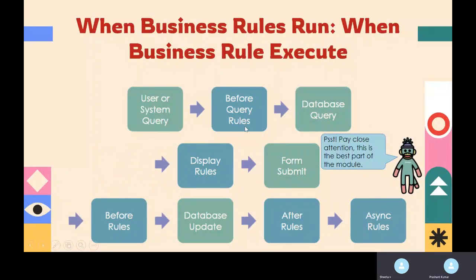Suppose we have to fetch any value from the database just after the database query, like as soon as the record is presented to us. At that point of time, whatever the display value will be, we can fetch it using our display business rule and utilize it in other places such as a client script, or we can display some message on the form.